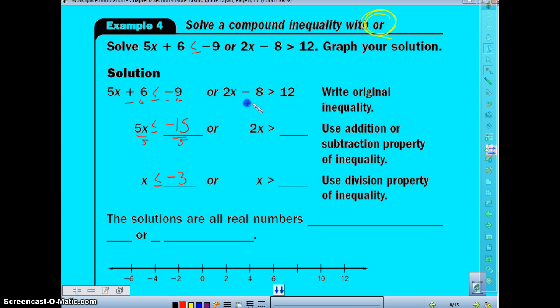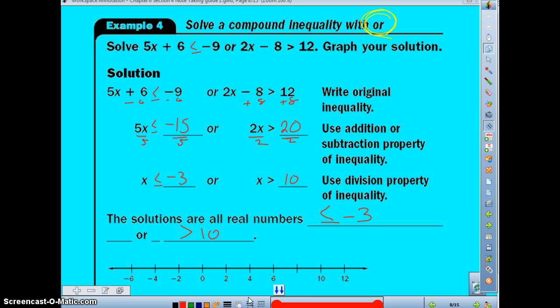On this side over here, I'm going to add 8. 2x is greater than 20. Divide by 2, divide by 2. x is greater than 10. So the solution is all real numbers less than or equal to negative 3, or greater than 10.